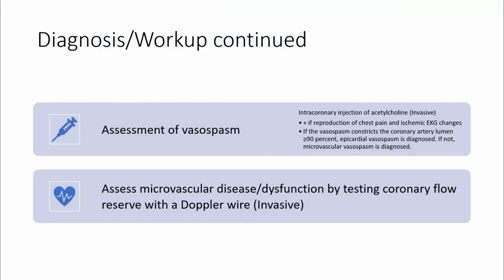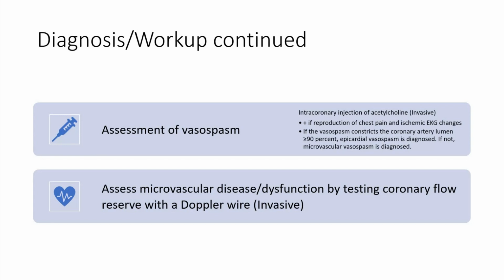To assess vasospasm, intracoronary injection of acetylcholine, which is invasive during cath. It is positive if reproduction of chest pain and there are ischemic EKG changes. And also, if the vasospasm constricts the coronary artery lumen by greater than 90%, then epicardial vasospasm is diagnosed.